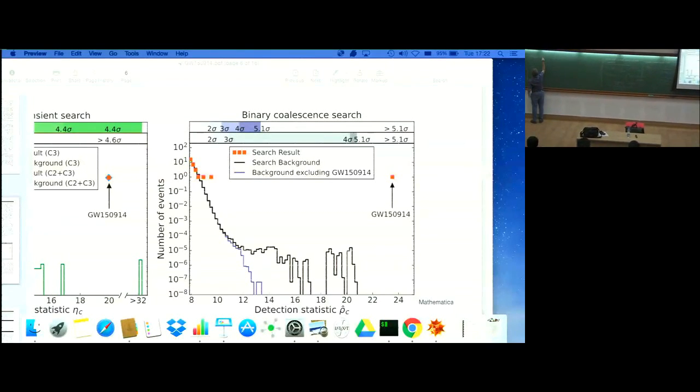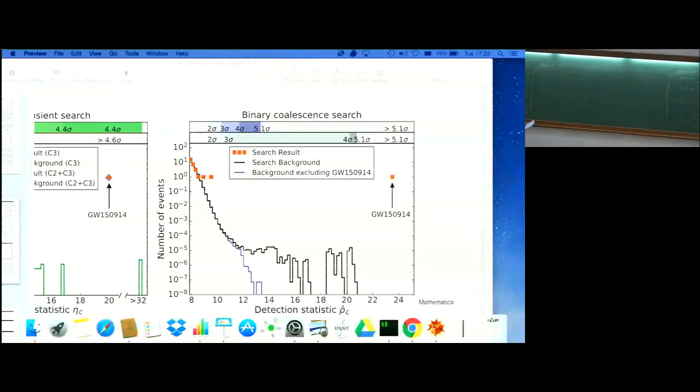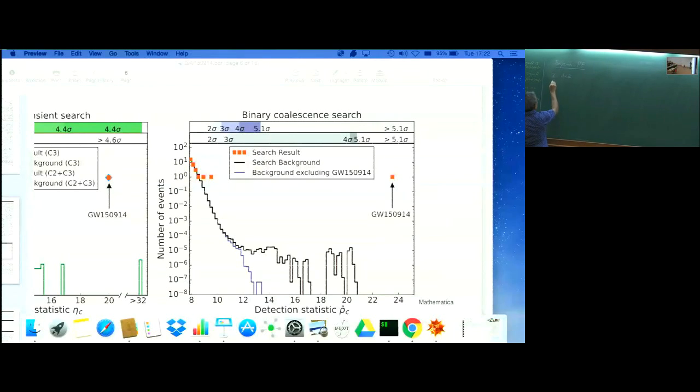Parameter estimation, just PE. So as before, let's denote by X the data that we have acquired. And lambda alpha are the parameters of a signal that we are interested in measuring.